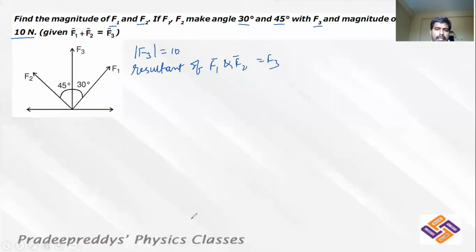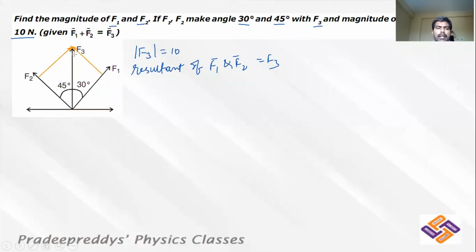So when you are dealing with the resultant of F1 and F2, check it out. F3, as it is the resultant of F1 and F2, you can construct one parallelogram here, right? I can construct one parallelogram like this, and this is the other one.